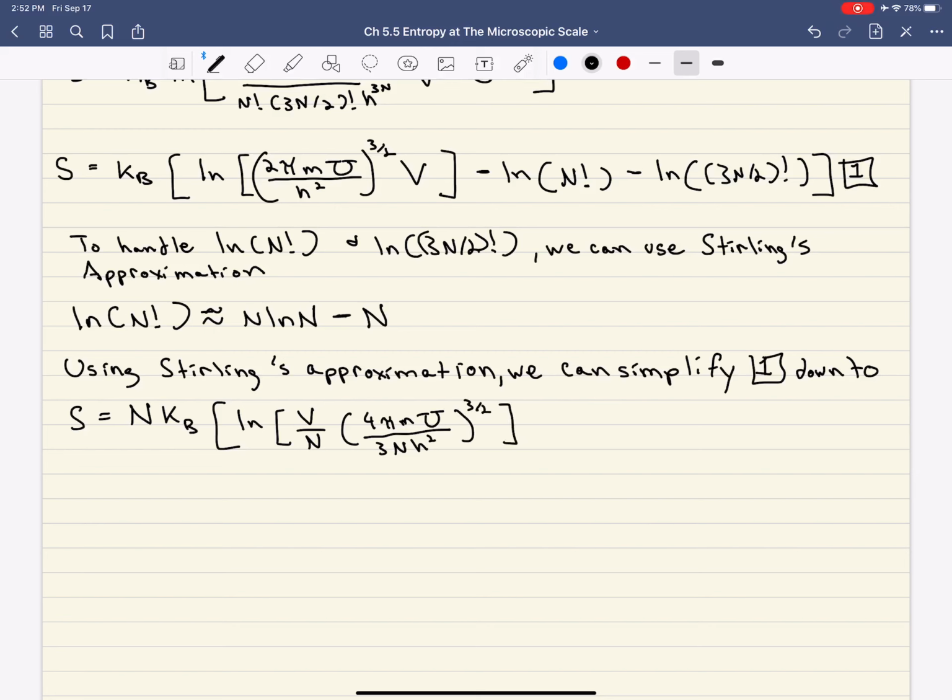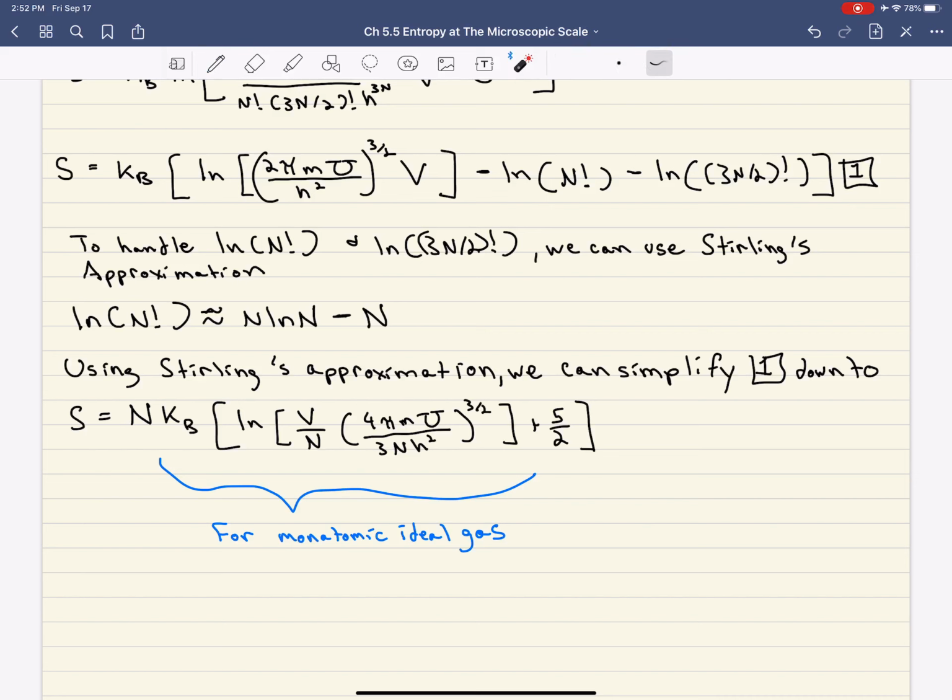All this stuff is in the natural log. And then we have just a 5 halves out here. For a monatomic ideal gas, this is what our entropy equation simplifies down to.